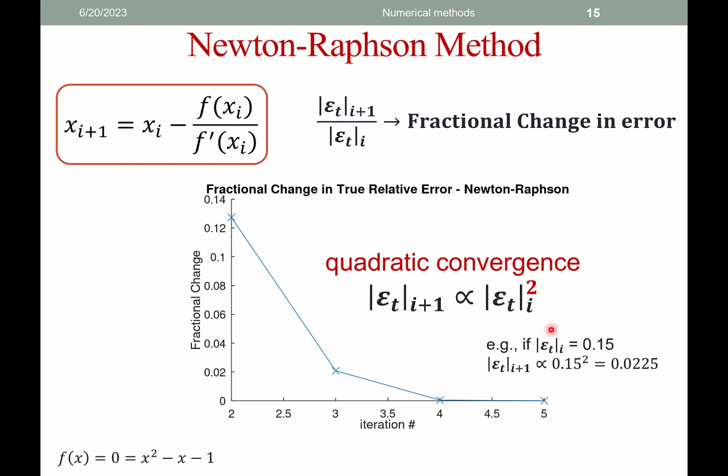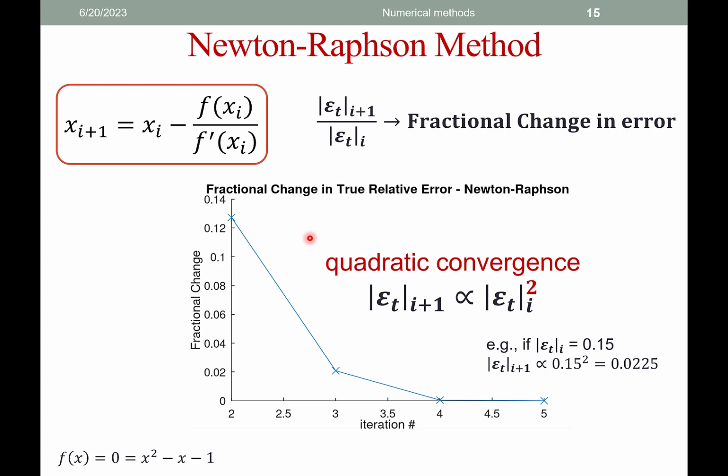For example, if the true percent relative error of my current iteration i is 0.15, then the true percent relative error for i plus 1 would be proportional to 0.15 squared, which is 0.0225. So when analyzing how fast this method converges, it's pretty quick compared to the fixed point iteration method.